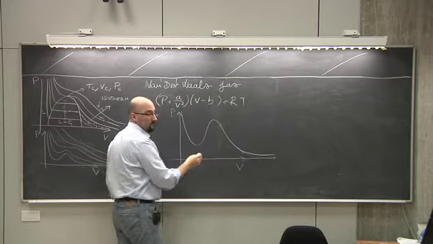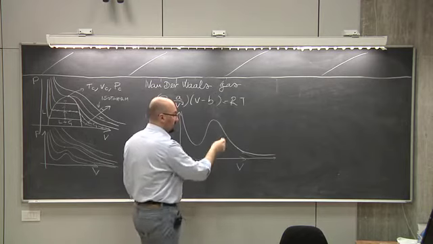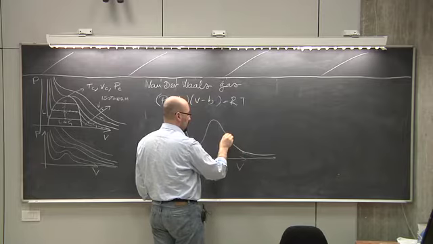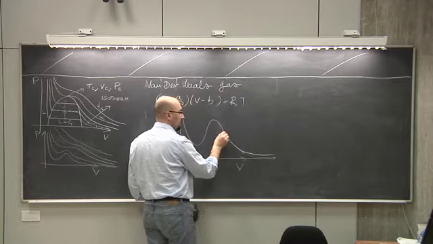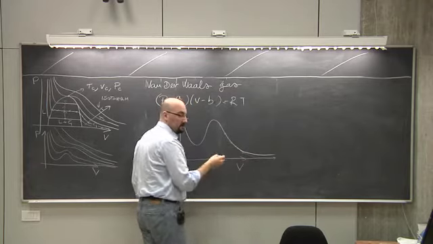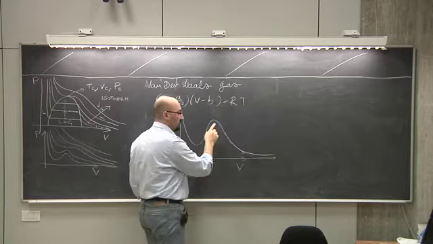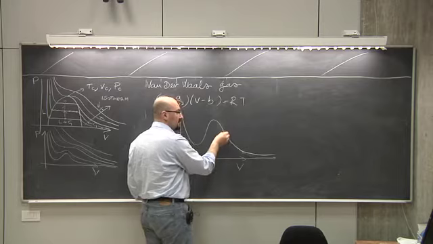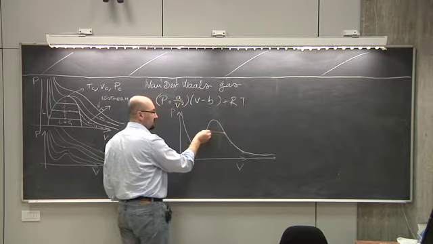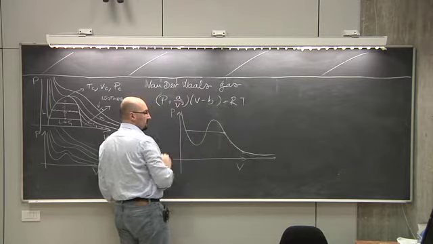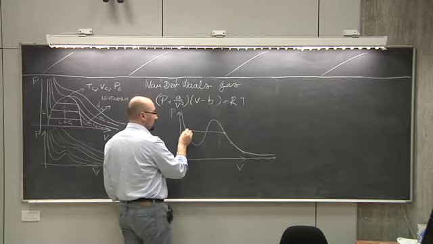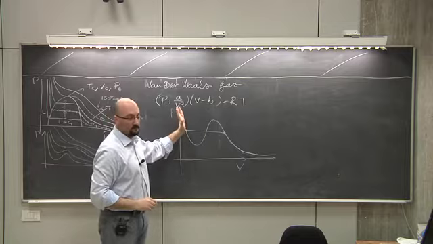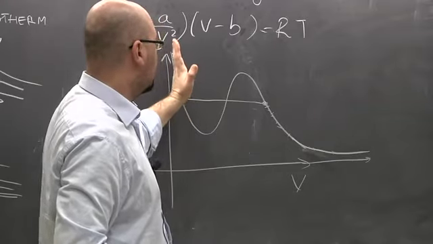When you decrease the volume on this isotherm, your gas follows this curve up to a certain point, and then it starts liquefying before you get to the maximum. Once it starts liquefying, the pressure is constant until it gets to this region and then goes up. Then you have liquid. Everything is liquid here. 100% of the substance is liquid.